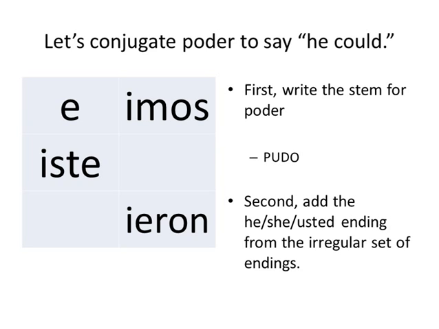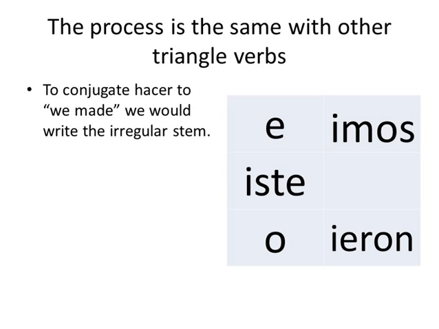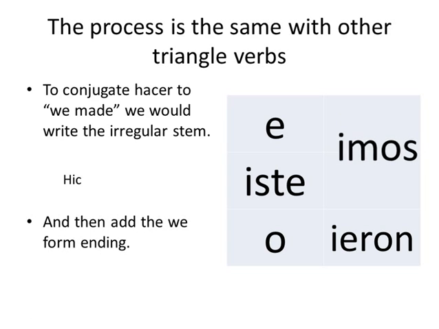Now we have pudo, or he could. This process is the same for all of the triangle verbs. To conjugate hacer to we made, we would write the irregular stem hic, and then we would add imos, the ending for the we form, and we have hicimos.